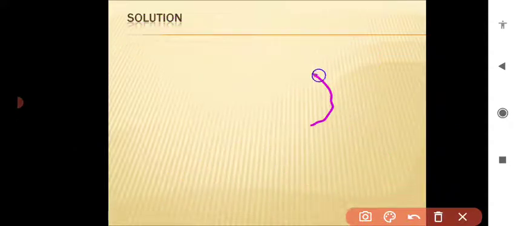This is the velocity triangle, this is the vane, and this is the inlet flow velocity.